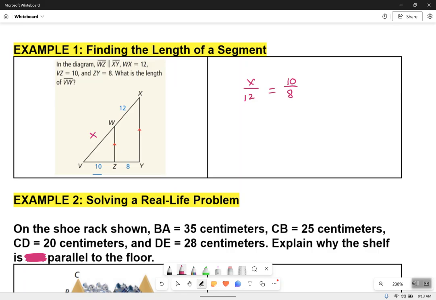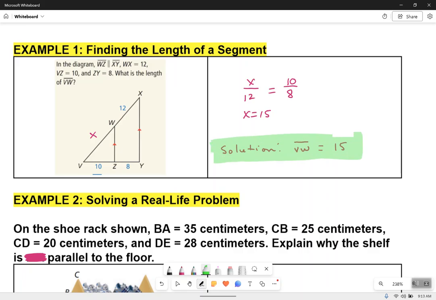Anybody punch that up yet? 15, is that what I heard? Okay, thank you, Garrett. Okay, so that distance X is 15. What segment does that X represent, kids? Yeah, the length of V to W has to equal that 15 right there. Okay, simple.